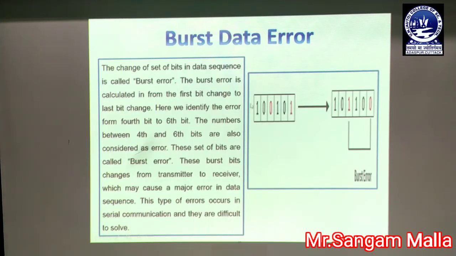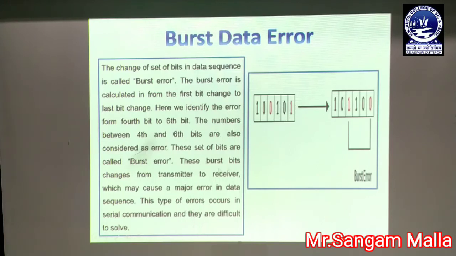So in this example, the bits from the fourth location to the last location are not considered as error only at those two positions. All the bits between the first bit and the last bit will be considered as error in case of burst data error. So this set of bits is called a burst error.